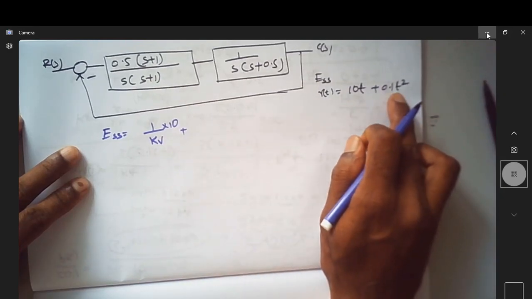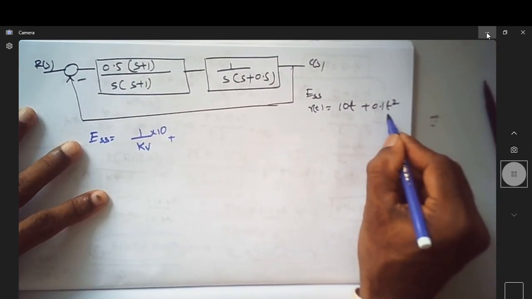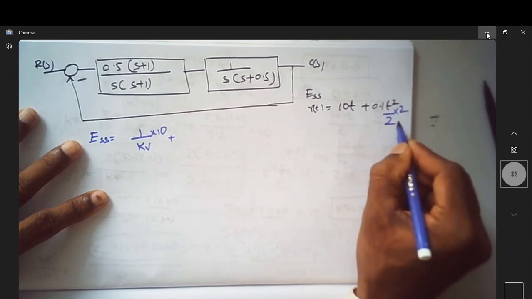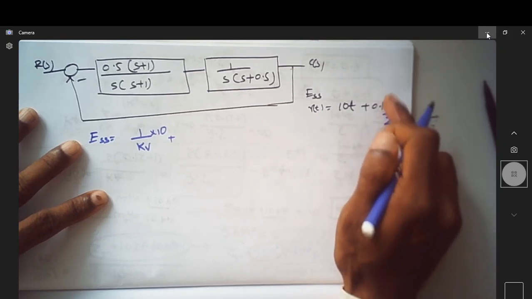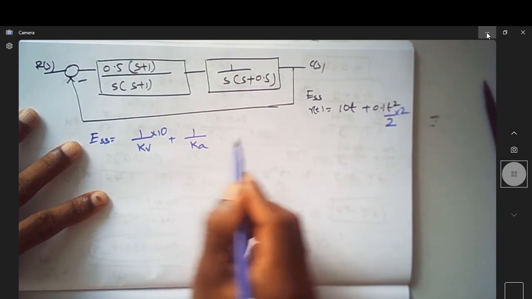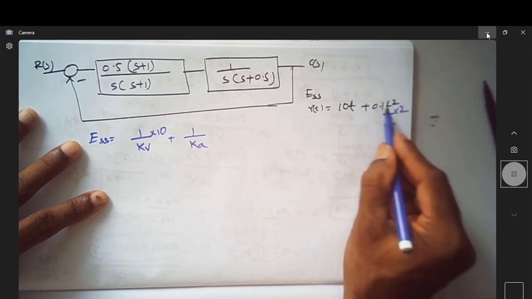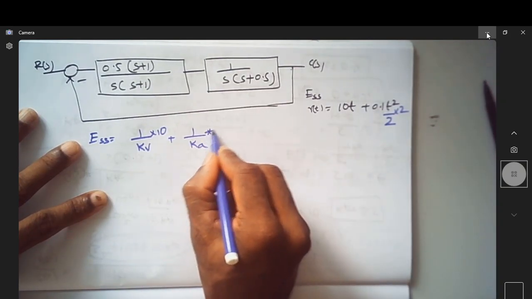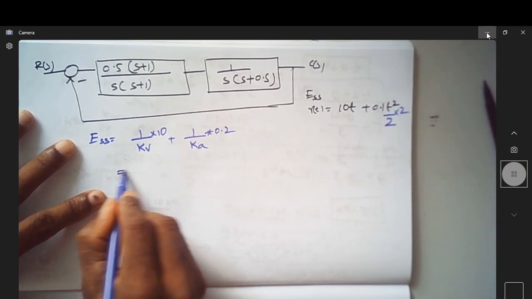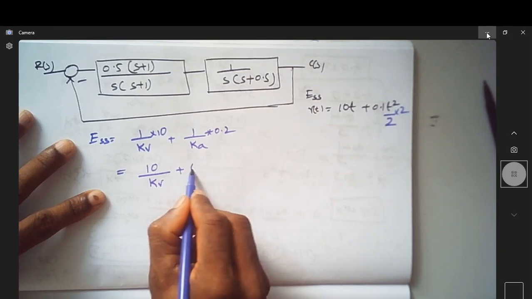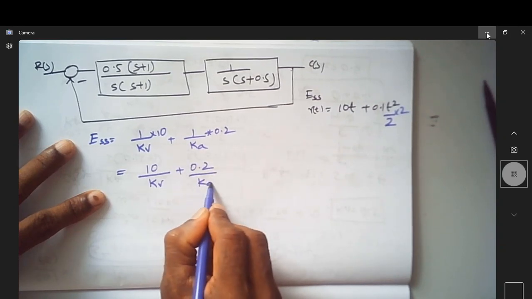Let us bring this to the standard form of t square by 2. I will multiply and divide by 2, so this will become t square by 2. For t square by 2, the ESS is 1 over Ka. But since it is t square by 2, afterwards this will become 0.2. So multiplied by 0.2, you should find ESS as 10 by Kv plus 0.2 by Ka.